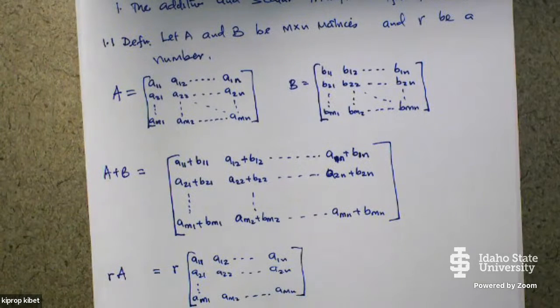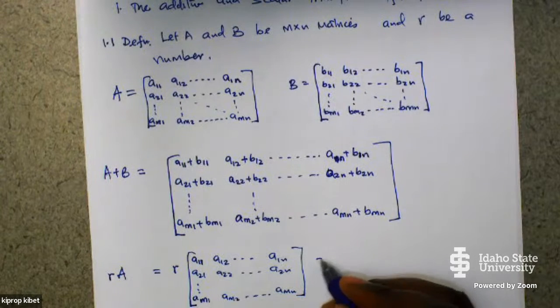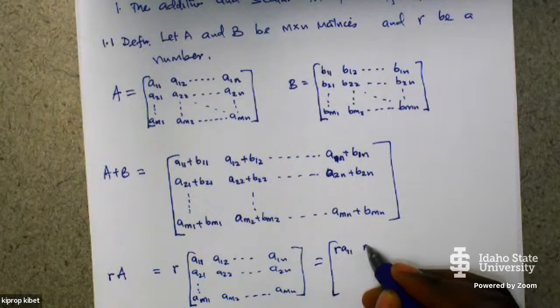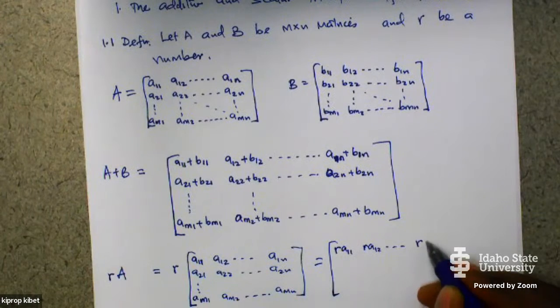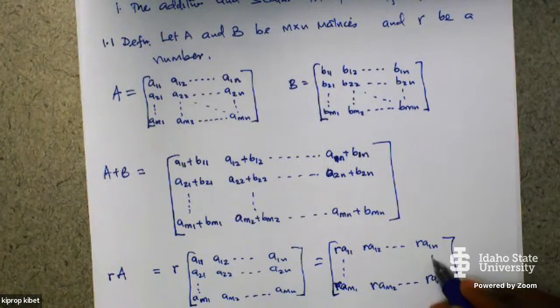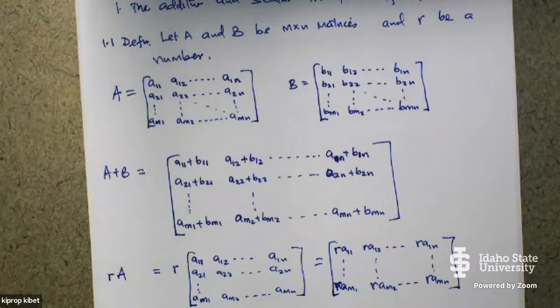If we multiply by R, then you multiply each entry by R. So this equals RA11, RA12, RA1N, and continuing like that, RAM1, RAM2, RAMN. So you multiply each entry.